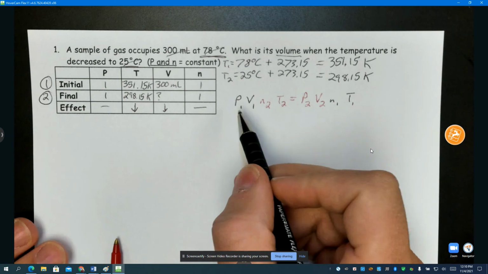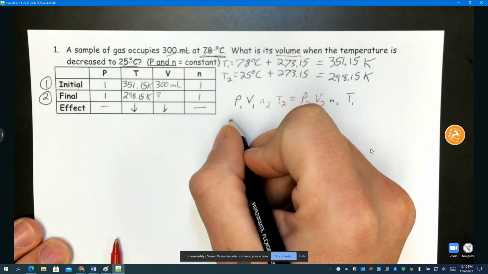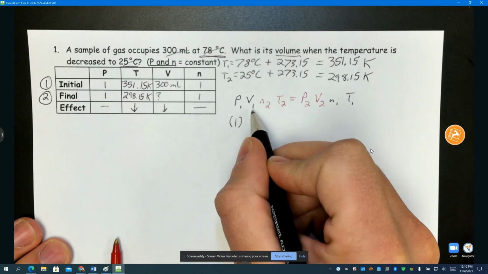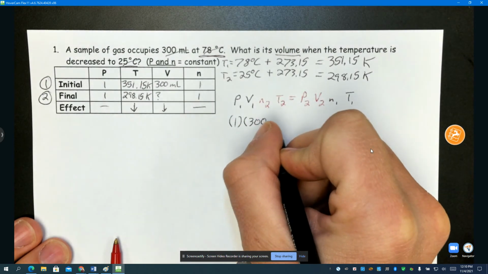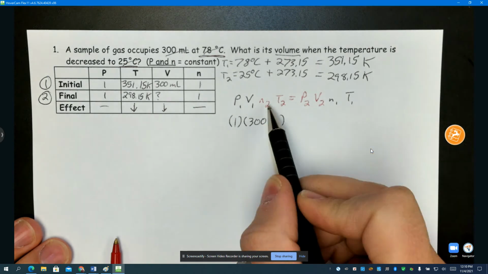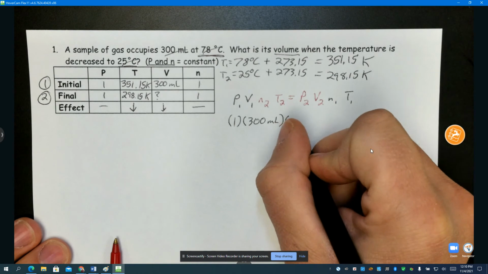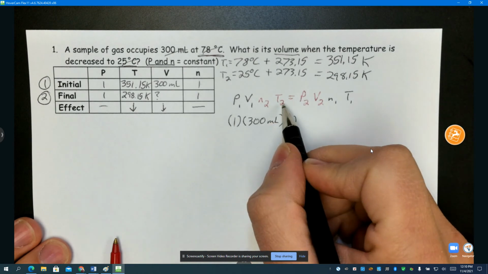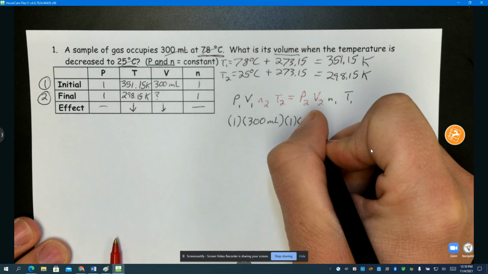Now we're going to substitute things in that we know. Pressure 1 is our starting pressure. It's going to be 1. Volume 1 is our starting volume. It's going to be 300 milliliters. Number of particles 2, we're just going to put 1 in there. It's not going to change. Temperature 2 is this one, 298.15 Kelvin.